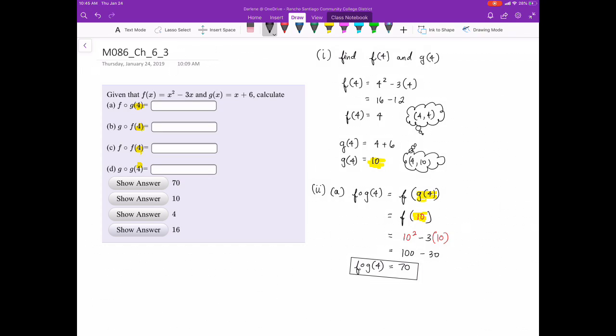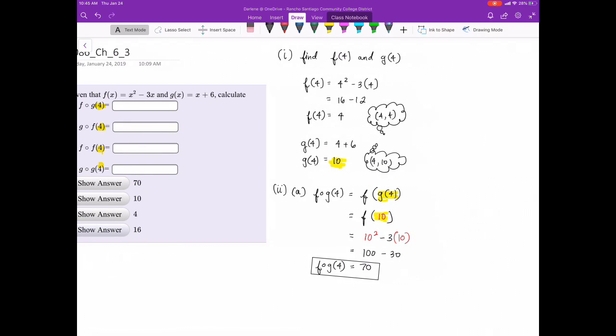Okay, so there's A. If I went ahead and did B, B is g composed of f of 4. Well, by definition, this is g of f of 4, meaning that I know what f of 4 is, and really all I'm doing is finding g of 4, because f of 4 was 4.